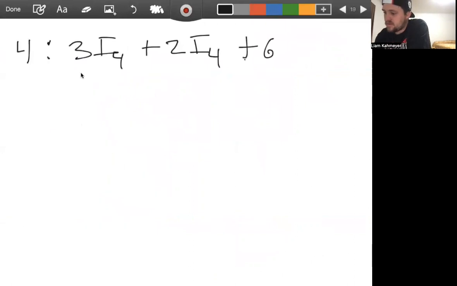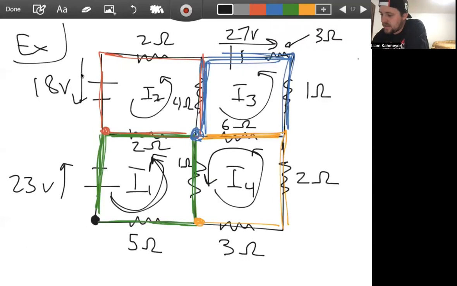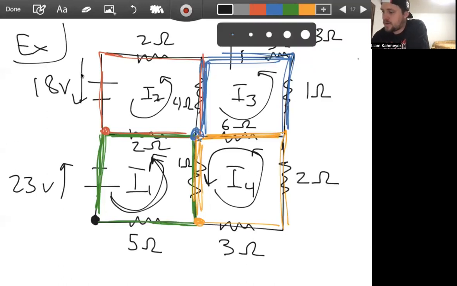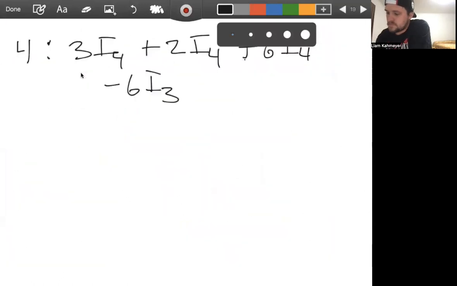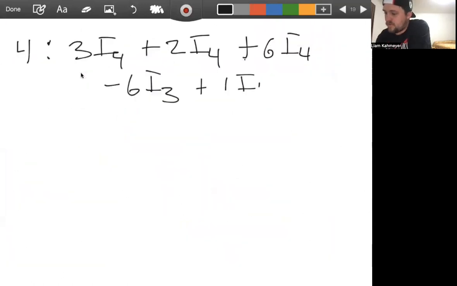And then lastly, we will have 1I4 minus 1I1.